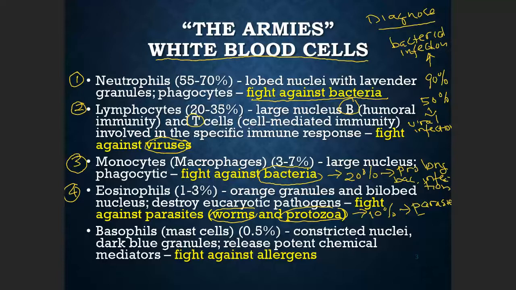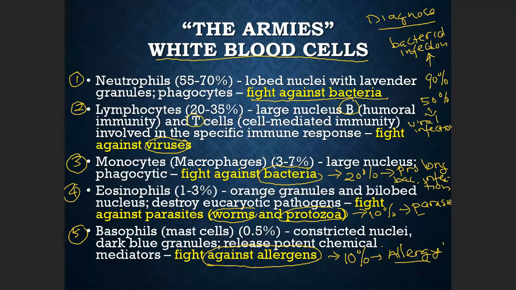The last one is called the basophil, and this is in very, very low concentration, less than 1% in our blood, and they are usually used to fight against allergens, the antigens that cause allergic reaction. If, for example, in our sample the basophil increases to 10%, then it is an indication that there is allergy or allergic reaction.